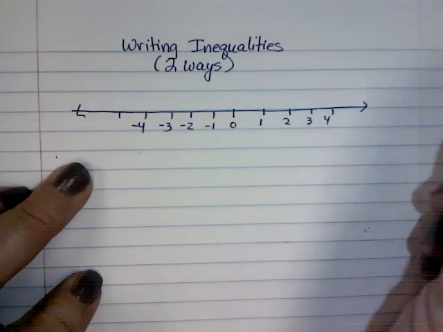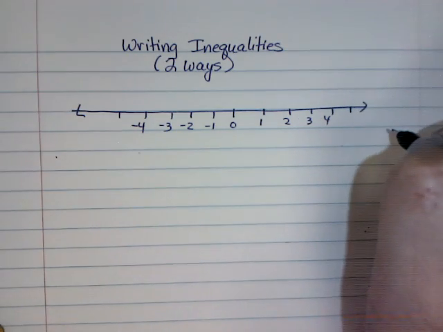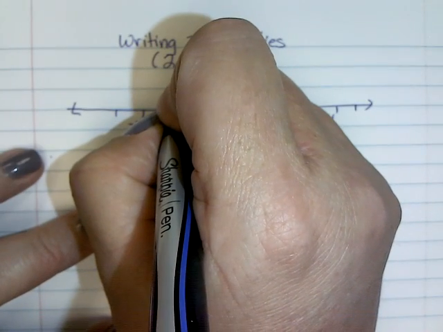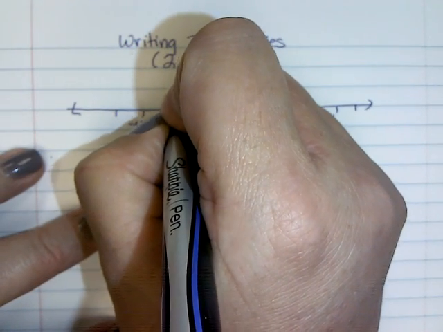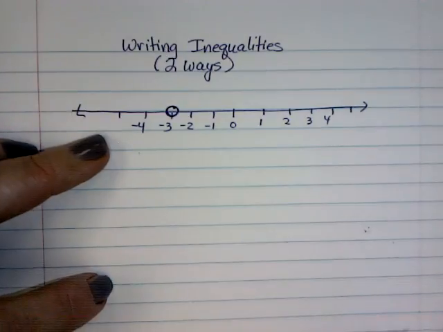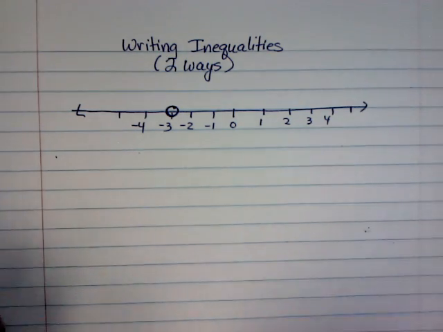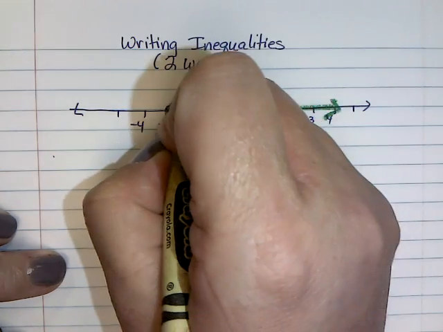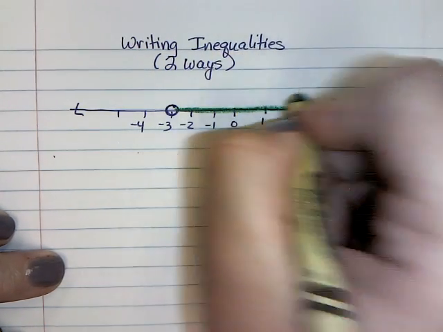If you have a couple extra little hash marks, not a biggie. And I'm going to go ahead and open circle at -3, and go up and to the right. I don't care what color you use. Everybody good?